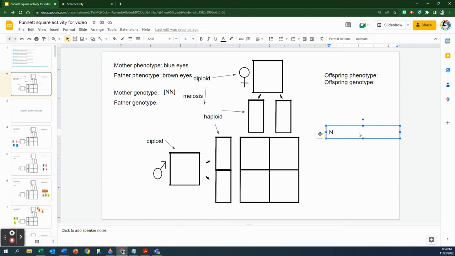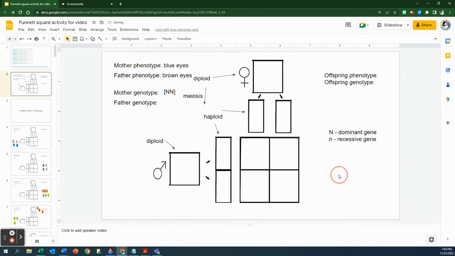If it's a capital letter, then that's the dominant gene. And if it's a lowercase letter, then that's the recessive gene.